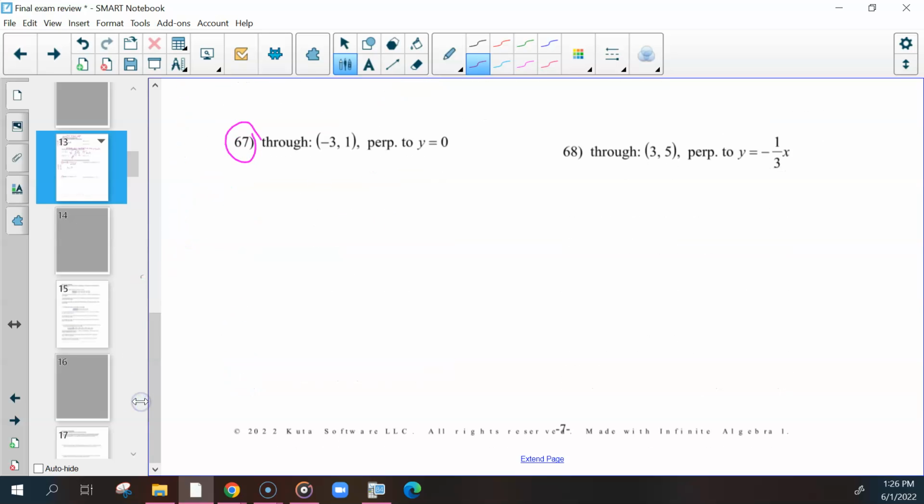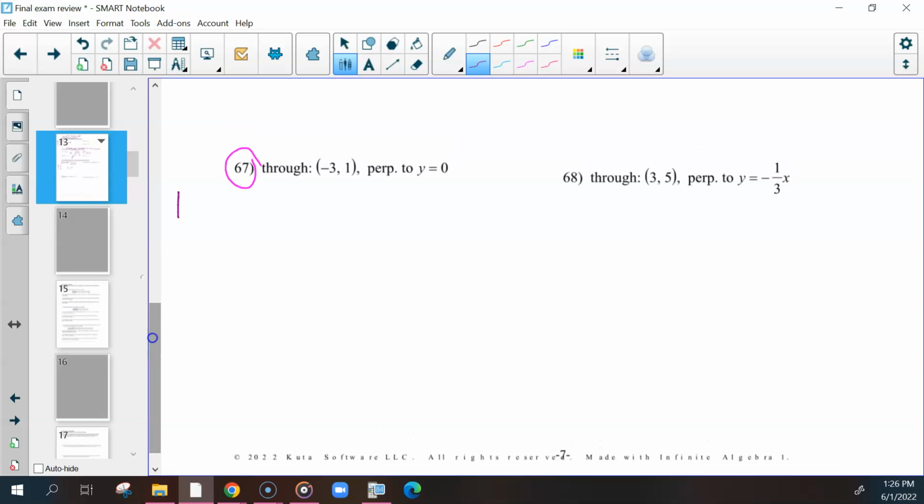67 is similar. Except now we have a y equals, but it has to be perpendicular to this y equals. The y equals has a slope of 0.